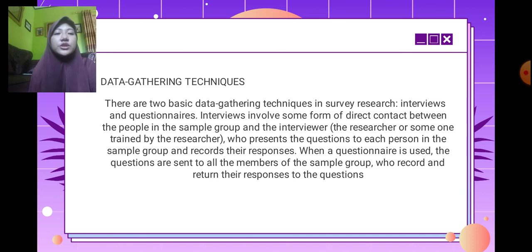The researcher, or someone trained by the researcher, presents the questions to each person in the sample group and records their responses. When a questionnaire is used, the questions are sent to all the members of the sample group, who record and return their responses to the questions.